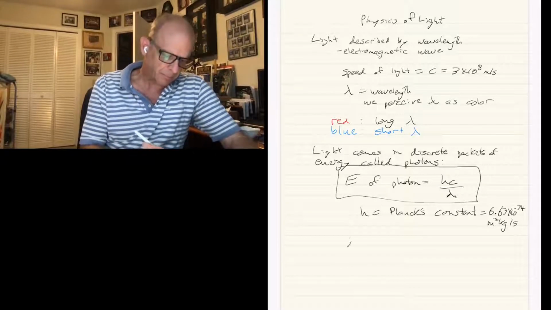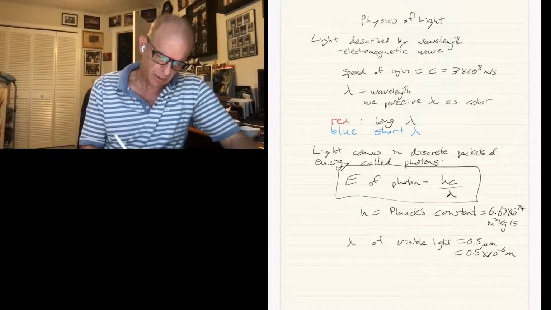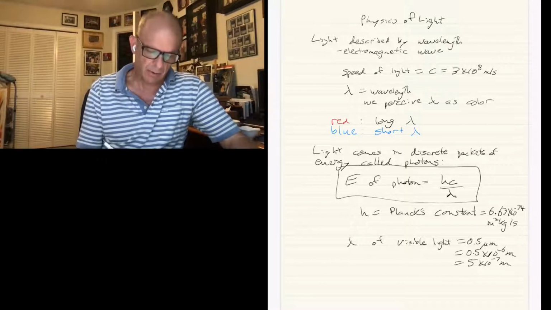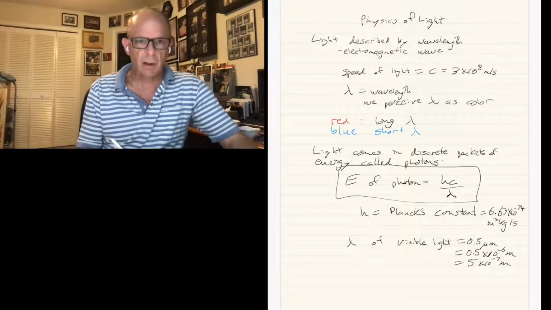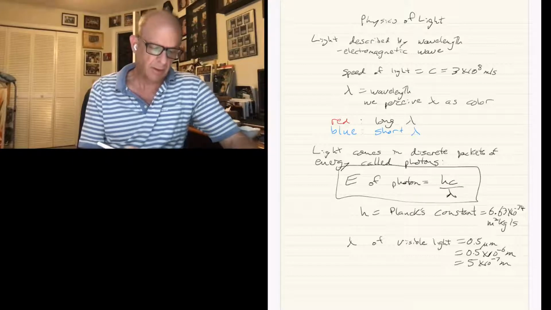The wavelength of visible light is about a half a micron, micrometers, which is 0.5 times 10 to the minus 6 meters, which is 5 times 10 to the minus 7 meters. Width of a human hair is about 100 microns, or about 200 times the wavelength of visible light.